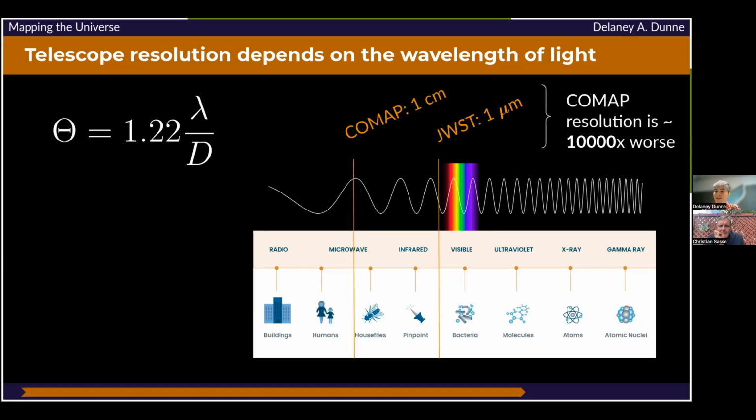It sort of works out. The light wants to be poorer resolution because it's such a long wavelength. And so our telescope optics can't produce a very good resolution, but that's fine because that's the application we want it for. And so I've always thought this was a really clever instrument design.